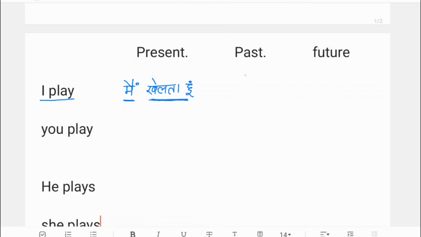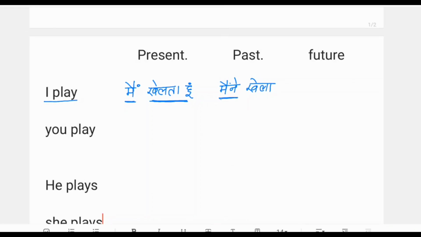Then past indefinite. In past indefinite the sentence will be I played, and for I played we will write मैंने खेला. Here I will be मैंने and खेला is the past form of the verb.